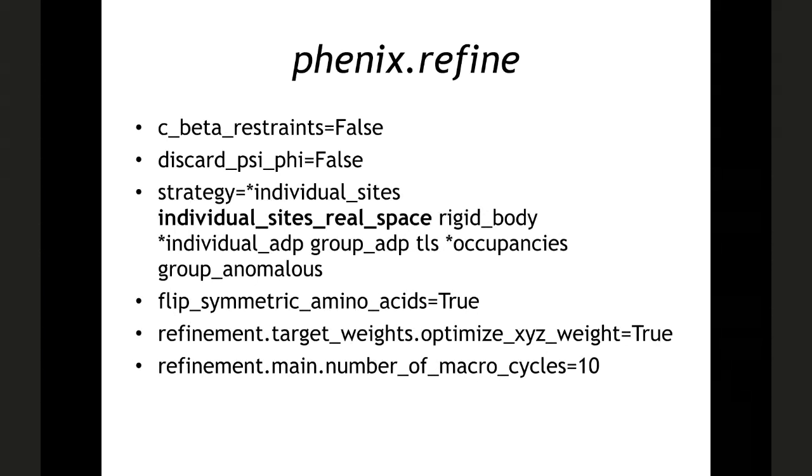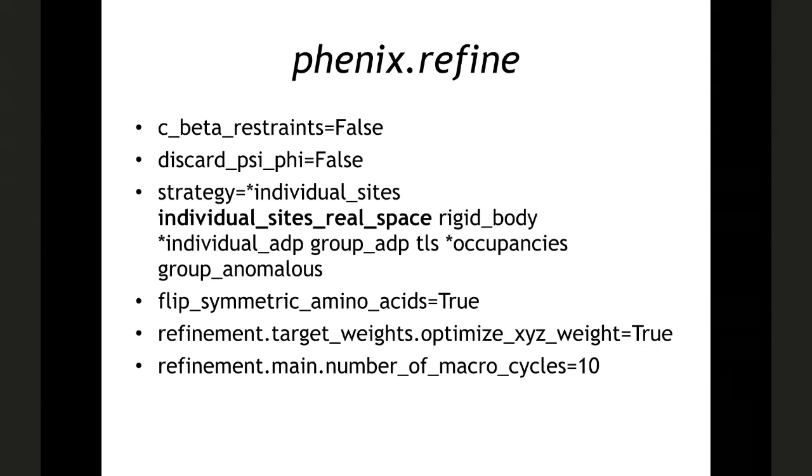The last two options, the optimize XYZ weight is true. By default, it's false because Phenix has a lookup table where, based on features of the model and features of the data, it makes a guess of the weight and then optimizes it macrocycle afterwards.